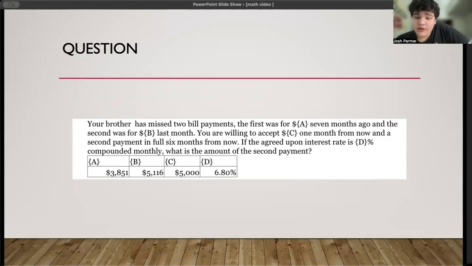You are willing to accept payment C 1 month from now being $5,000 and a second payment in full 6 months from now. If the agreed upon rate is D, being 6.80% compounded monthly, what is the amount of the second payment? So basically, we're looking for the payment that is due in full 6 months from now.